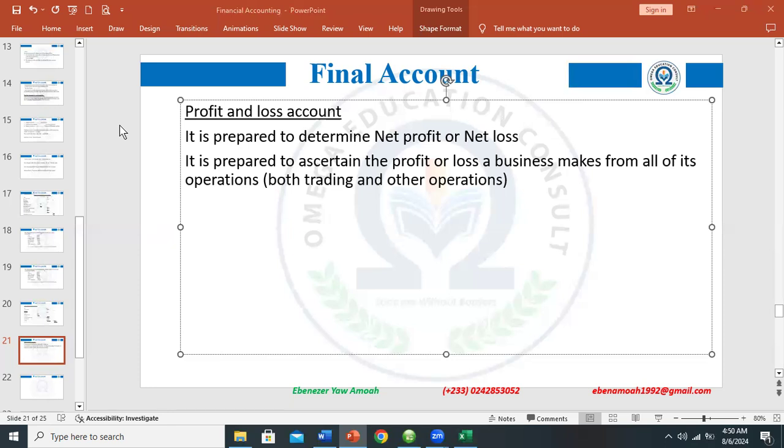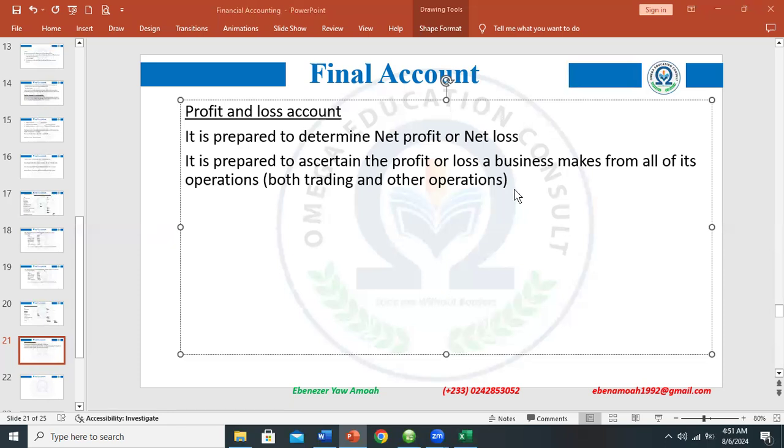Okay, so the net profit is looking at all the activities the business is involved in. That is why I put here in the bracket both trading and other operations. Okay, so the net profit is like looking at the total income the business is getting from all of its operations, primarily from the trading activity and any other activity.